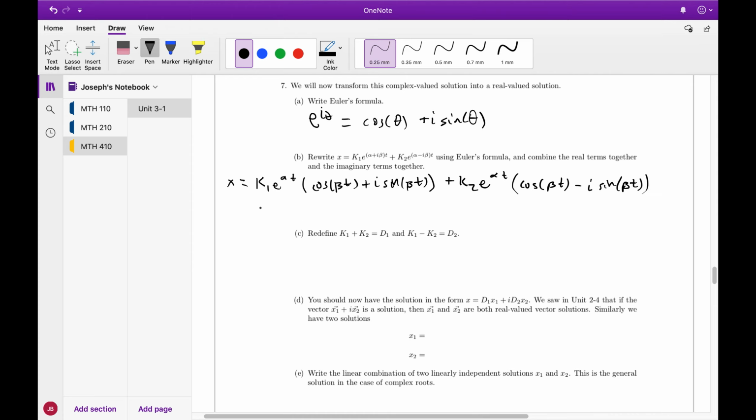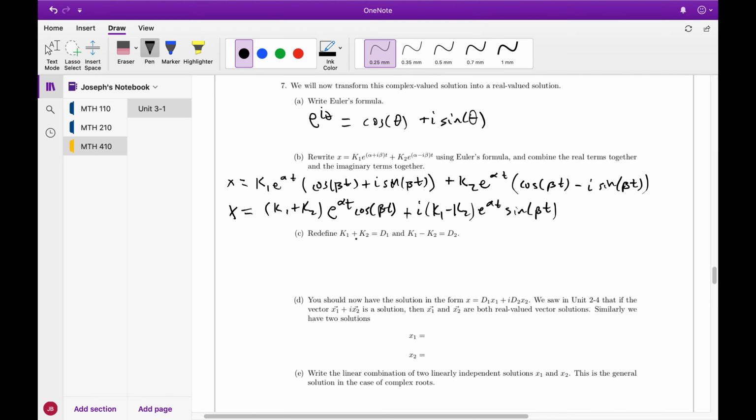And now if you combine the like terms, so the things with cosine and the things with sine separately, what you get is k1 plus k2 e to the alpha t cos beta t plus i k1 minus k2 e to the alpha t sine beta t.